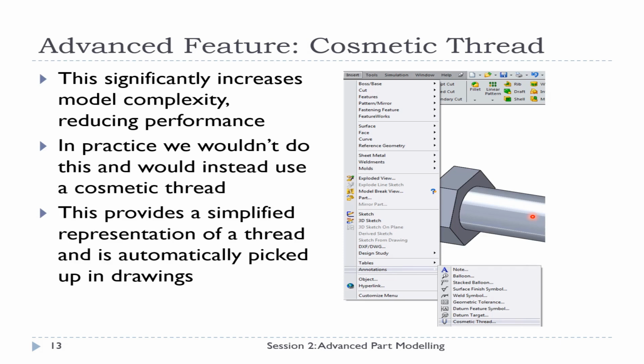And if you think of an assembly containing a large number of components with that level of complexity, it would require significant computational power, and it may affect the model performance when you try to manipulate the view or try to edit your model.